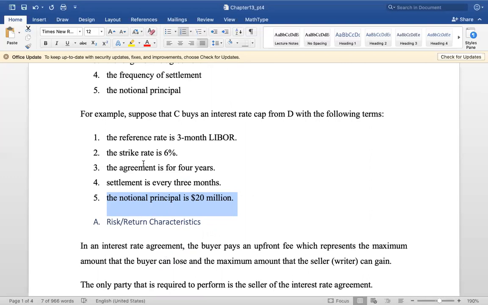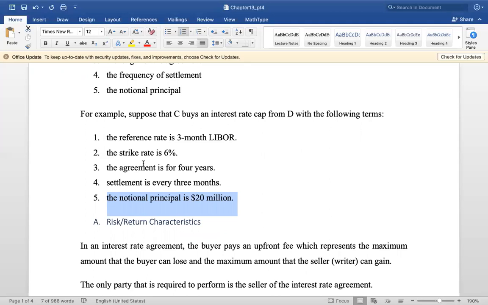a party, let's say party D, will pay C whenever the 3-month LIBOR exceeds 6% at the settlement date. Which means it's an interest rate cap agreement, right? The payment will be equal to the dollar value of the difference between the 3-month LIBOR and the 6%, times the notional principal, divided by 4.